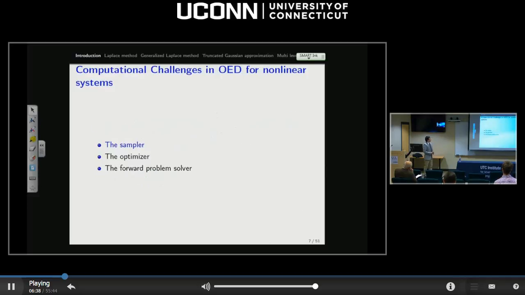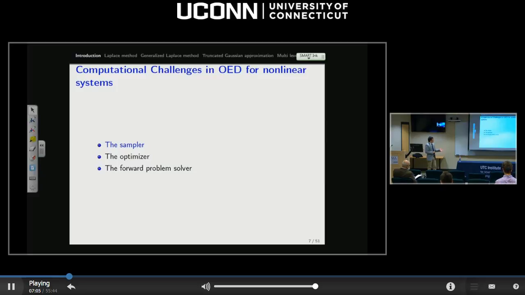There are many computational challenges. In theory, people know everything. However, it's very difficult to compute it. The challenge comes from three parts. One is the sampler. It's very difficult to sample to compute the utility function. Once we do that, there's another problem: the optimizer.